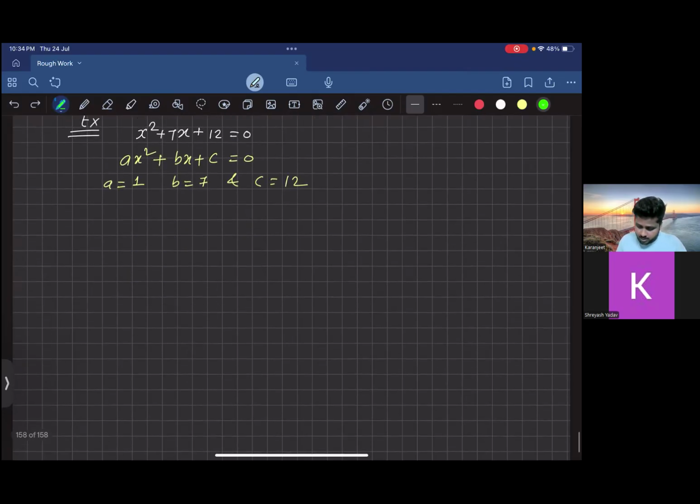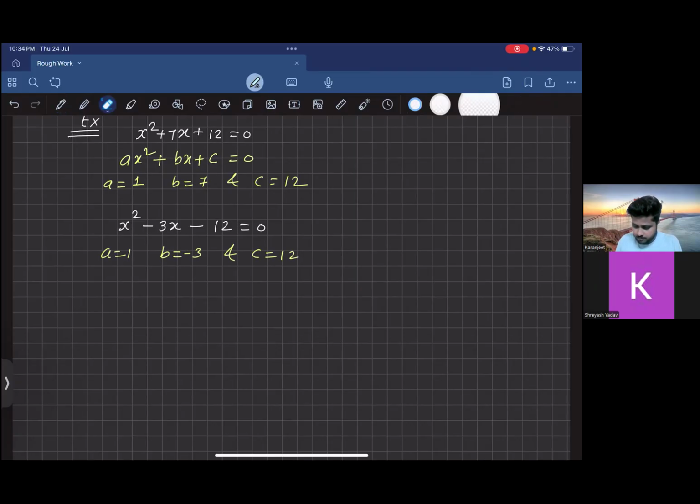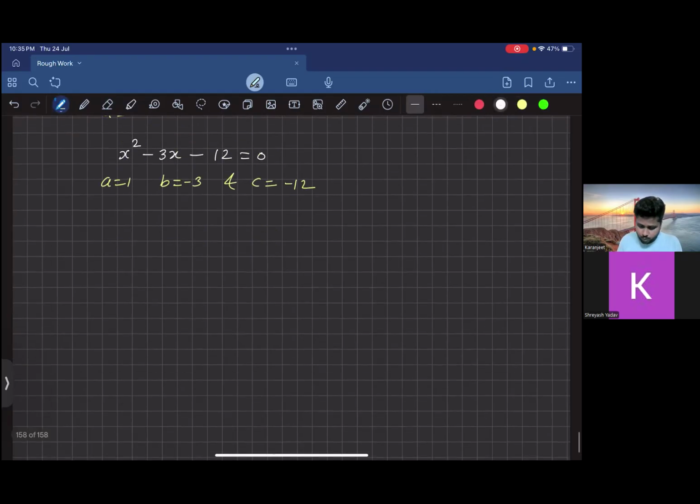Now we'll go for another example. Let us take x square minus 3x minus 12 equals 0. It is also a quadratic. Here the value of a will be 1, b is minus 3, and c is minus 12. One more example I will take: 2x square minus 8x plus 15 is equal to 0.